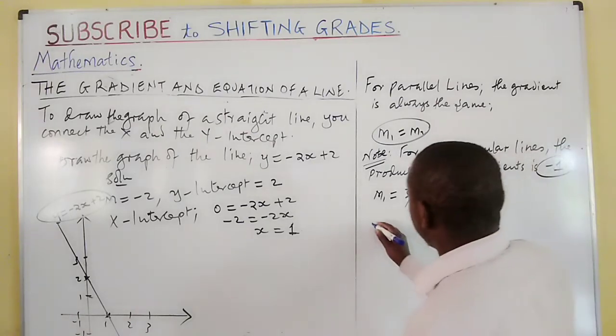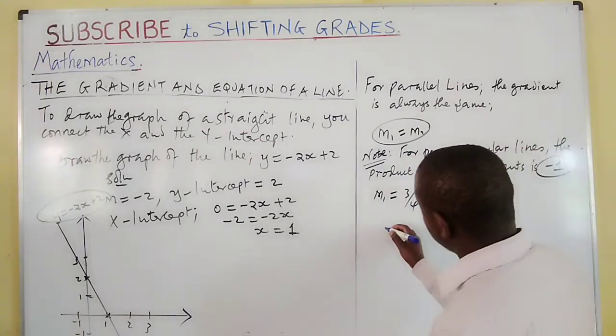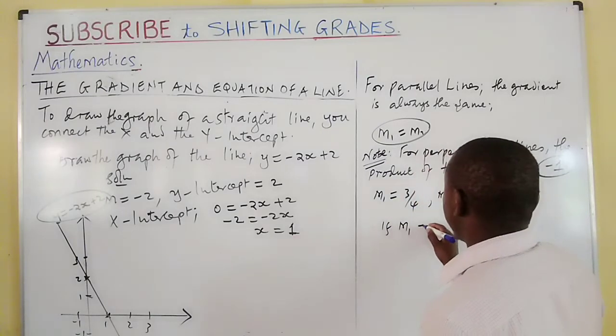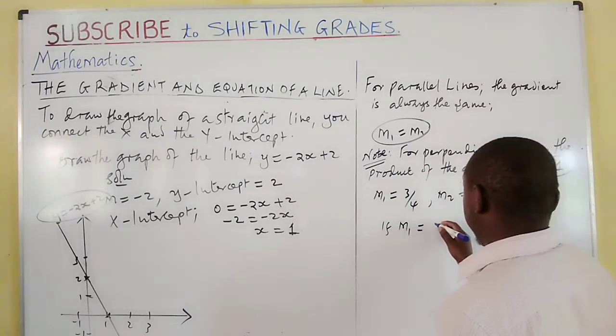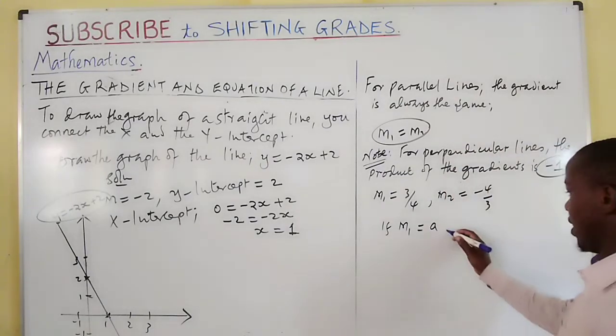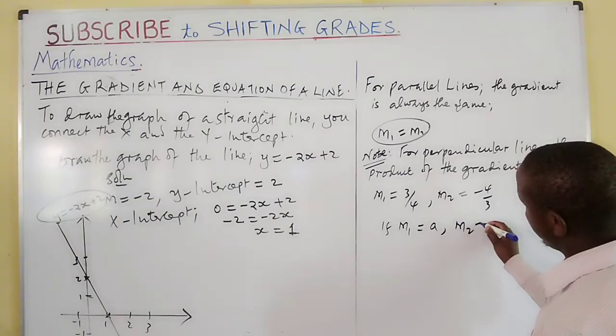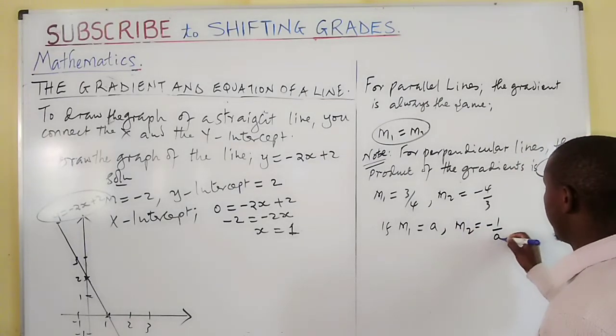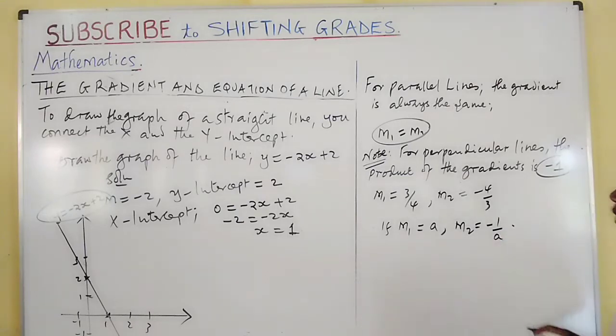Or simply, for perpendicular lines, if M1 is equal to A, then M2 will be the negative of the reciprocal of A, such that when we multiply the two, we will get -1.